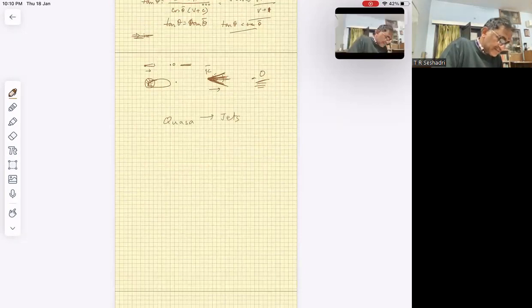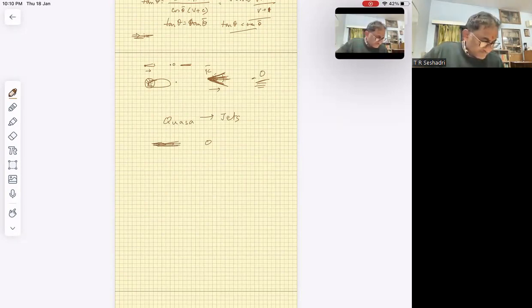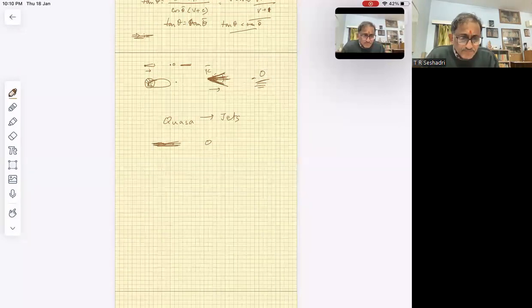Now, if the jet is going towards the observer, then the light from the jet looks more intense than it is in its own frame, because all the photons which were in a broad cone in the jet's frame have confined themselves to a very narrow cone in the observer's frame.